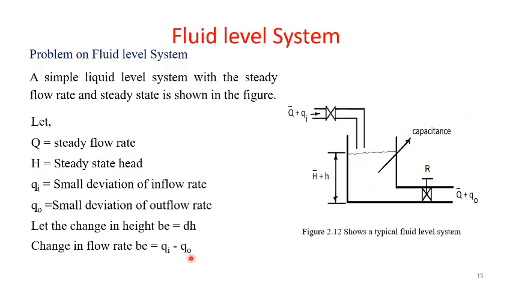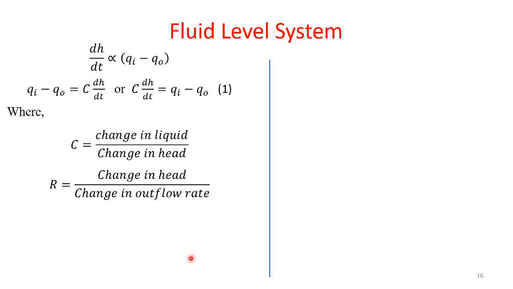Let C be the capacitance of the fluid and R be the resistance offered for the fluid to flow out. Then the change in head, dH by dt, is directly proportional to Qi minus Q0. As we change the flow rate, the head also will be changing.